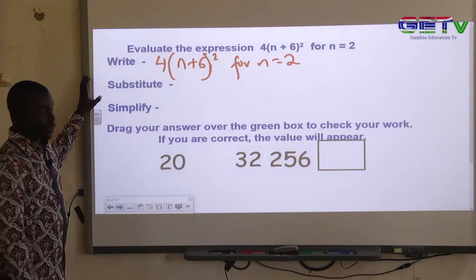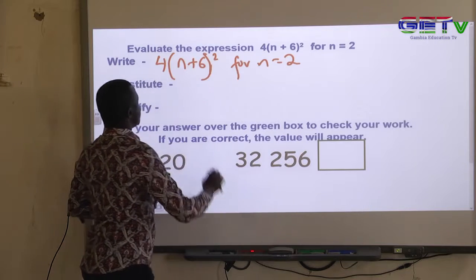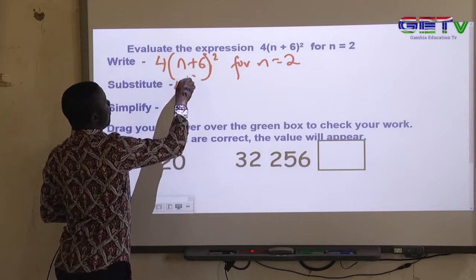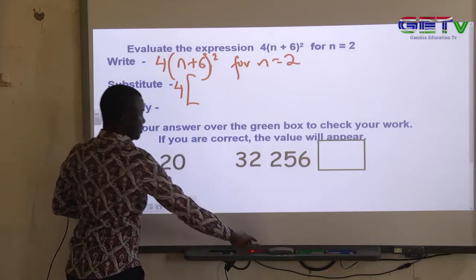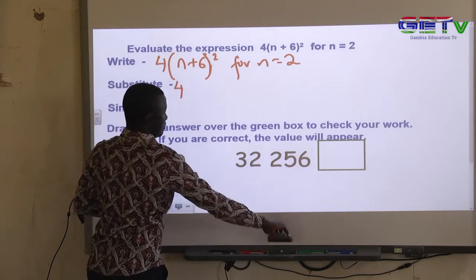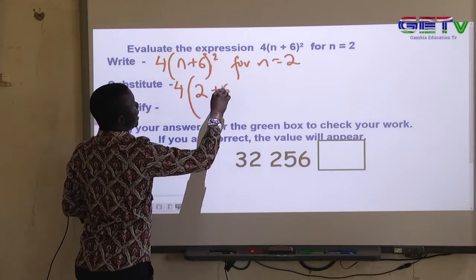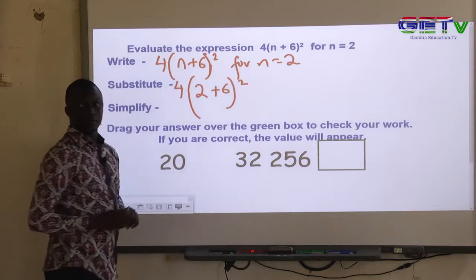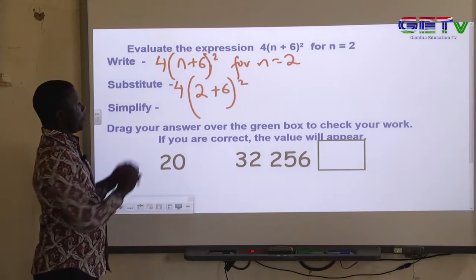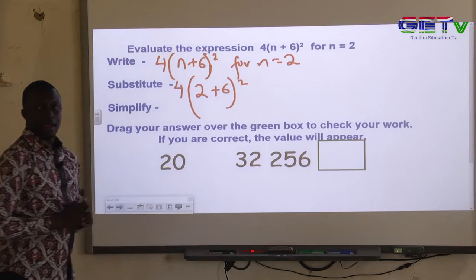Then we substitute. Replace n with 2 in the expression. We say 4(2 + 6)². We have substituted the value of n as 2 in the given expression.